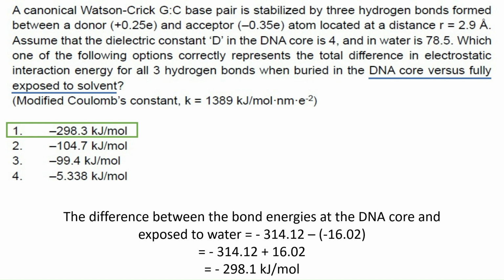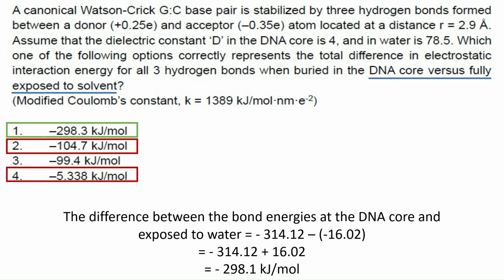Another thing to look at here is that in the options they have given the second option, which is the energy of a single hydrogen bond at the DNA core, and option 4, that is the energy of a single hydrogen bond when exposed to water. And also the third option is the difference of these two, which will come to around 99.4.